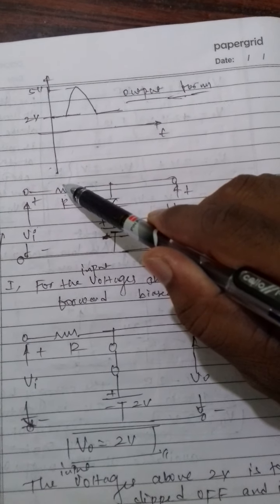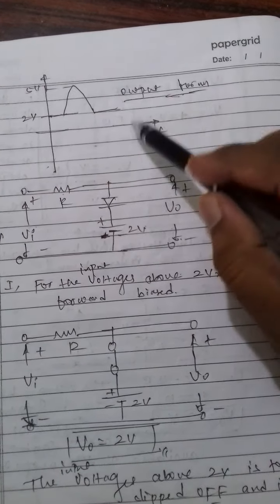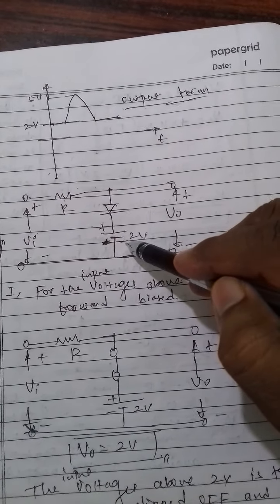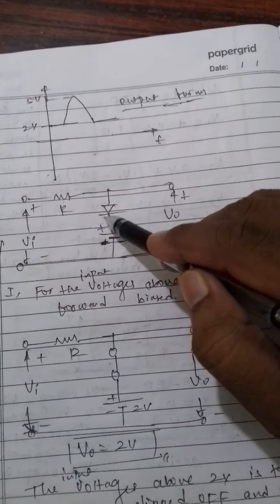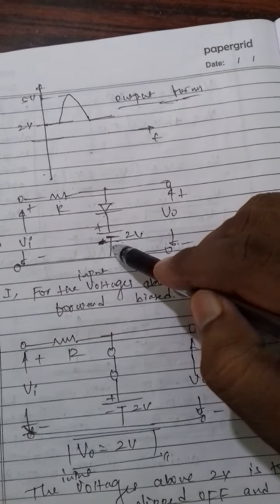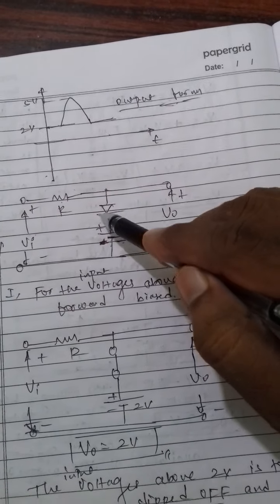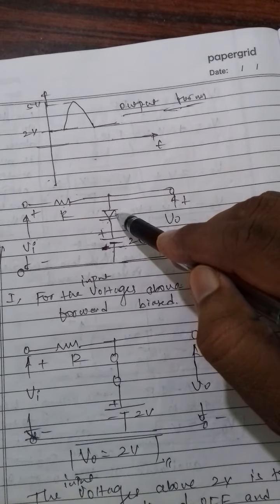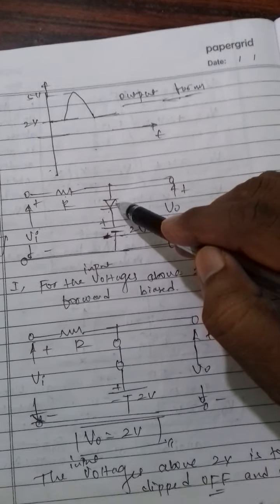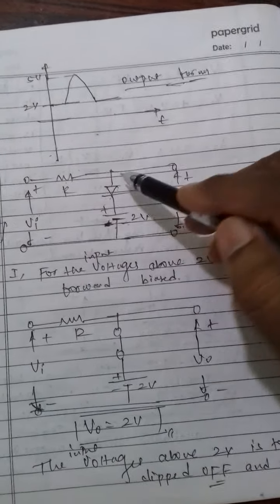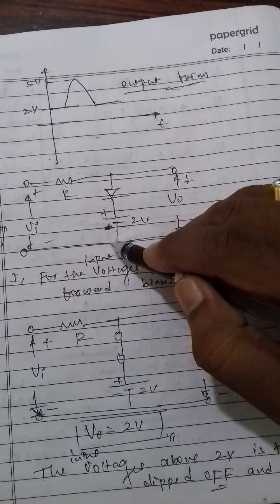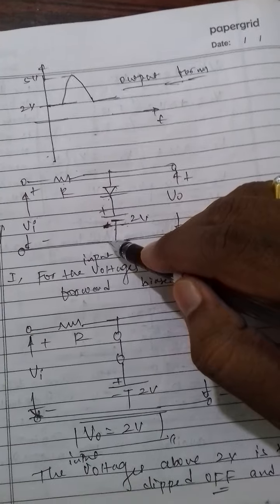Now here the diode is in parallel with the input, and if some battery voltage or a DC voltage is connected in series with the diode, then depending upon our requirement we shall clip the waveform above or below that reference voltage.